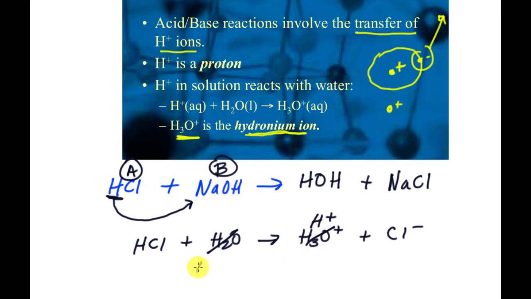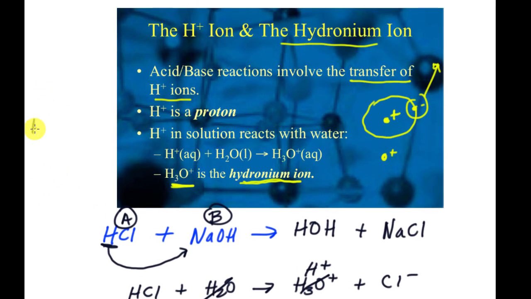So this is kind of a little shortcut way of writing acid-base reactions, just writing them like this. So you're going to see this quite a bit. So the moral of the story, what I'm trying to get you to see is that wherever we have a hydrogen ion is equal to a hydronium ion. We just don't write it like this that often. We tend to just focus more on this because we don't want to add the water.